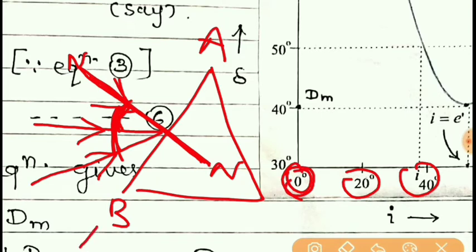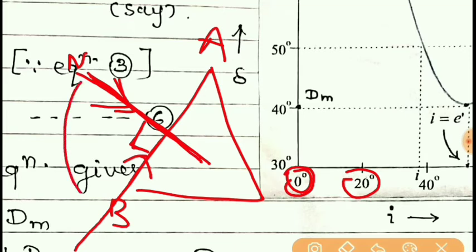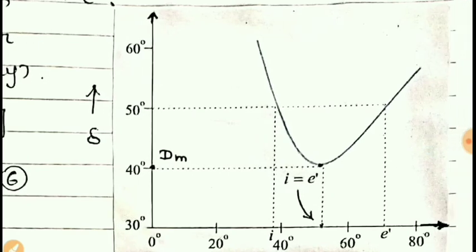Suppose this is the incident ray and this is the normal. Now the angle made by the incident ray with the normal is 90. So we can increase the angle of incident from 0 to 90 degrees, and with respect to that we can measure the angle of deviation.